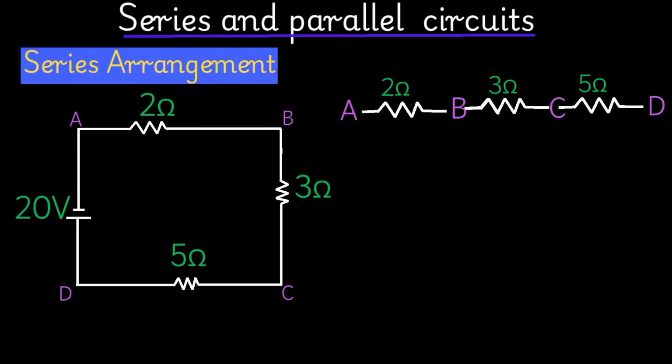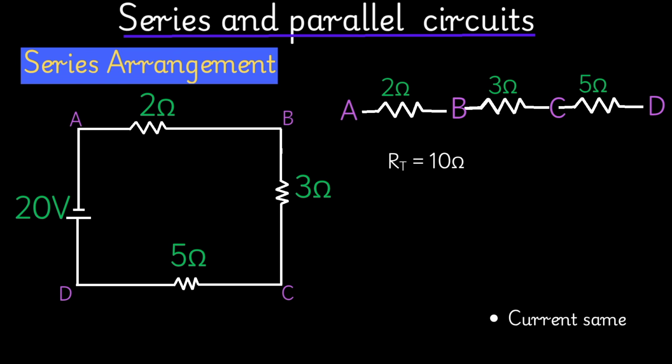R total, or basically the total resistance, is given by R1 plus R2 plus R3 all the way up to Rn. Since we have 3 resistors, we shall have this. So we shall have 2 plus 3 plus 5, and this gives us a total of 10 ohms. And this is basically our total resistance for this arrangement.